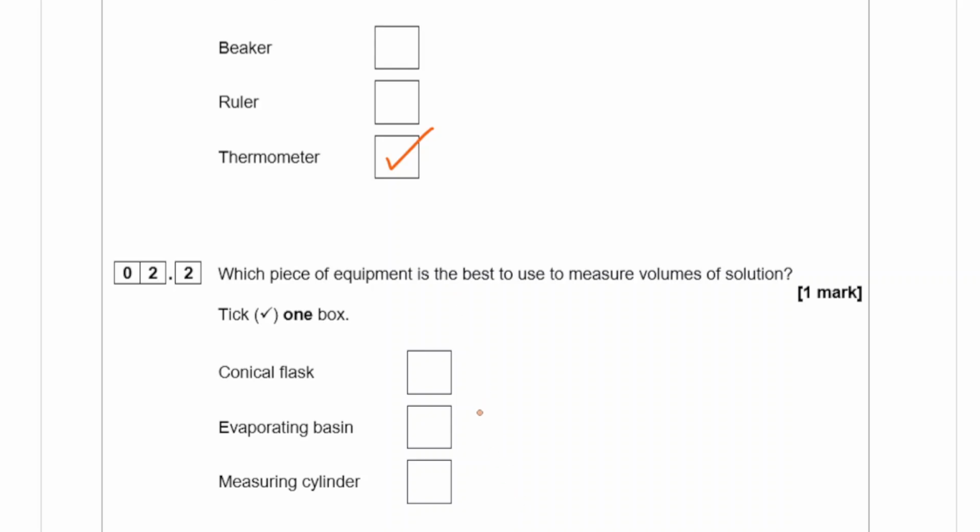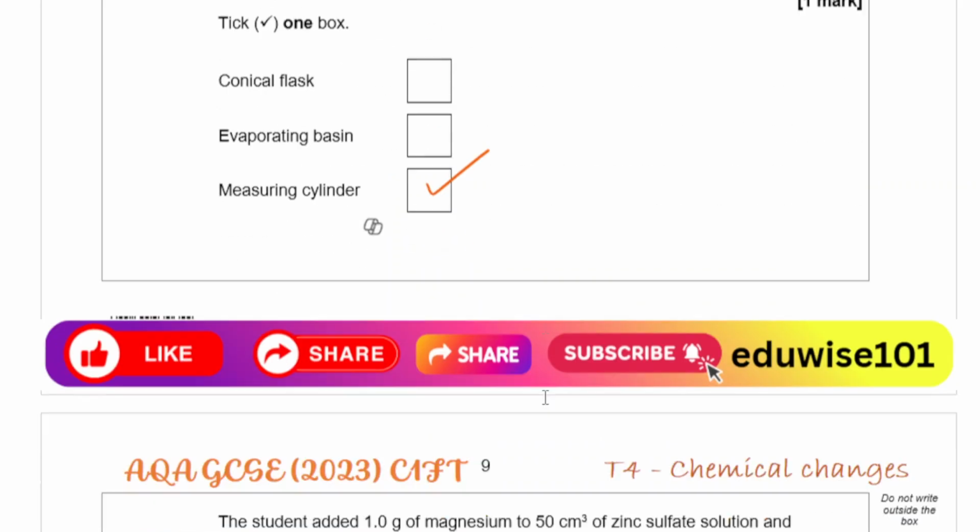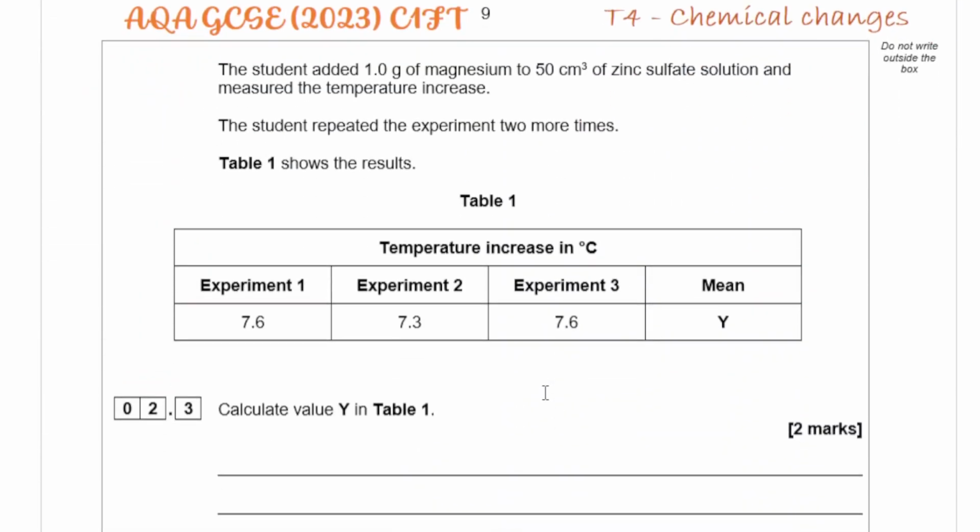Which piece of equipment is used to measure volumes of solution? That would be a measuring cylinder. The student added 1 gram of magnesium to 50 cm³ of zinc sulfate solution and measured the temperature increase. The student repeated the experiment 2 more times. So you've got results in the table: 7.6, 7.3, 7.6. Calculate the mean.